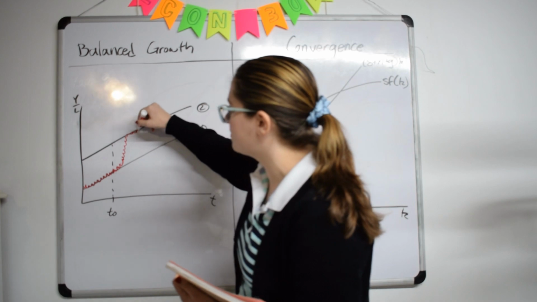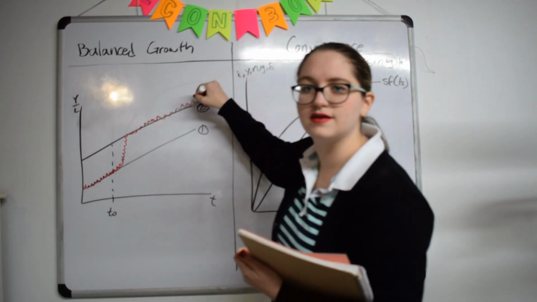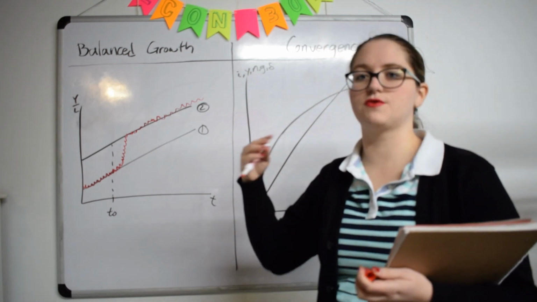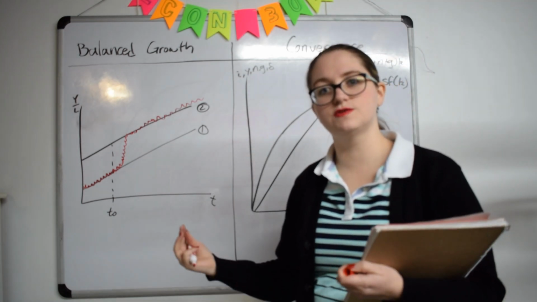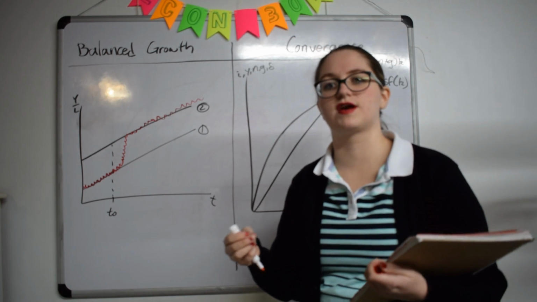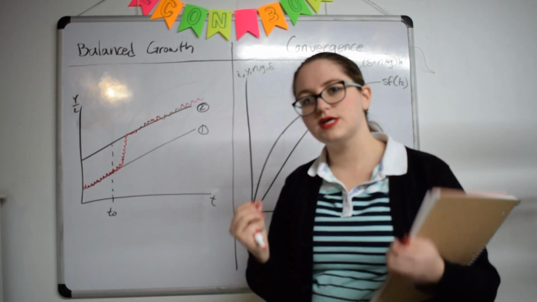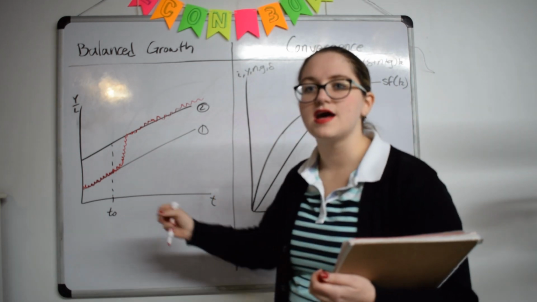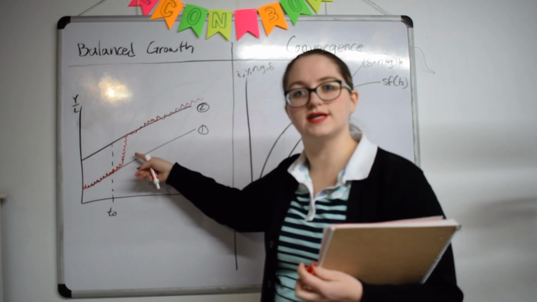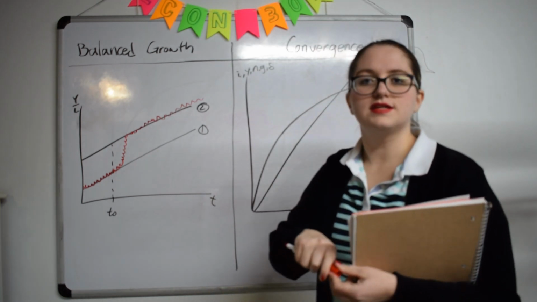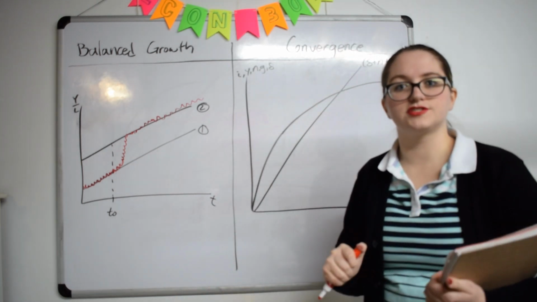And then we level back off and continue on the original growth rate. So this happens because Solow assumes the technology growth rate is exogenous, so we can't change it. And that is the only thing that will cause a change in the growth rate itself permanently or in the long run. The next thing we're talking about is convergence.